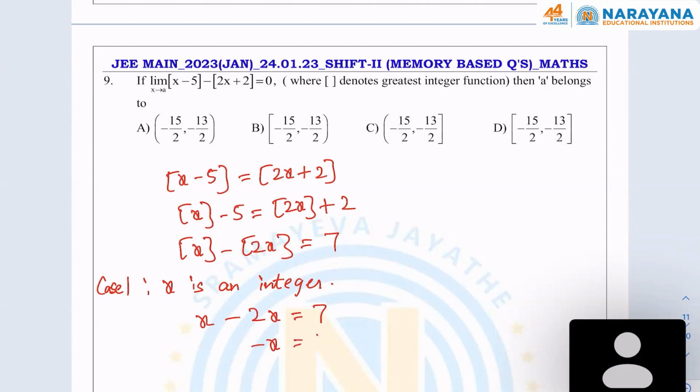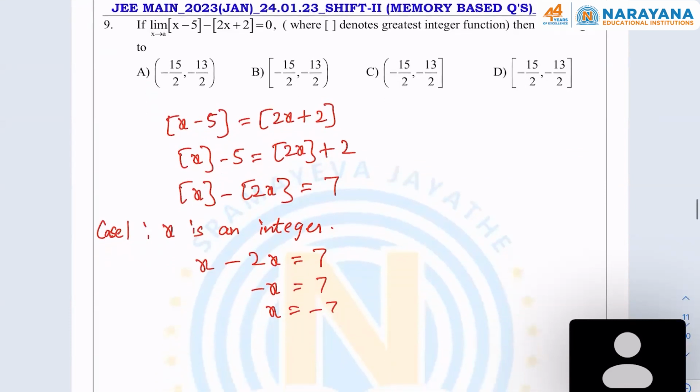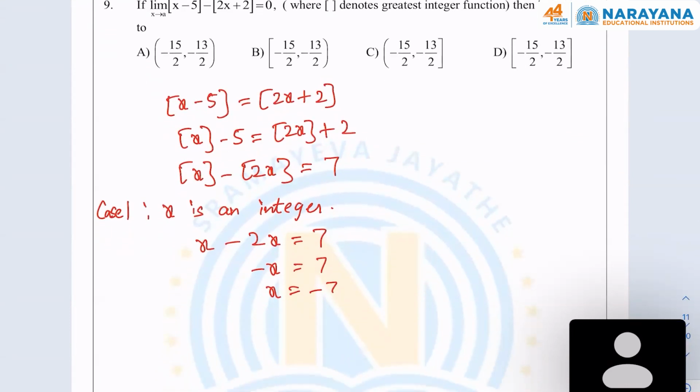So minus x is equal to 7, x is equal to minus 7. So here we can take x is equal to minus 7.